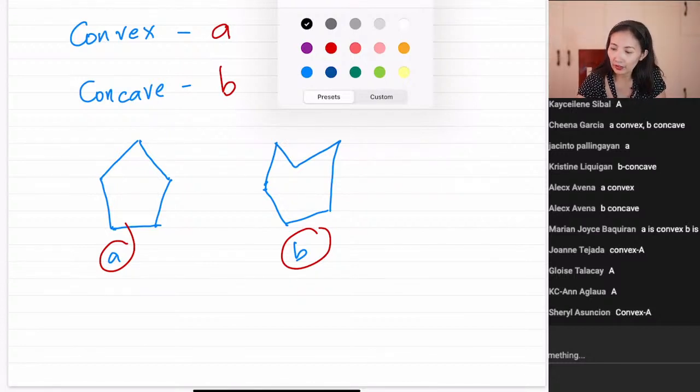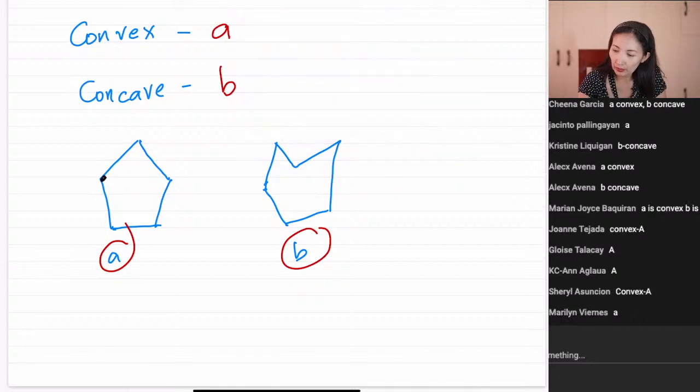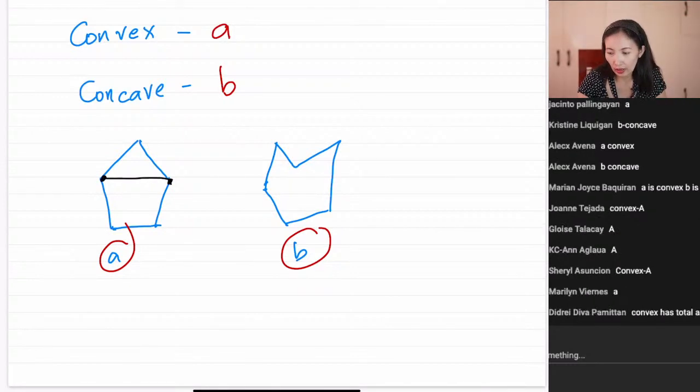So if I draw this line segment, this is a diagonal of the pentagon. This is even a diagonal of the pentagon. This is another diagonal of the pentagon. This one is another diagonal of the pentagon.